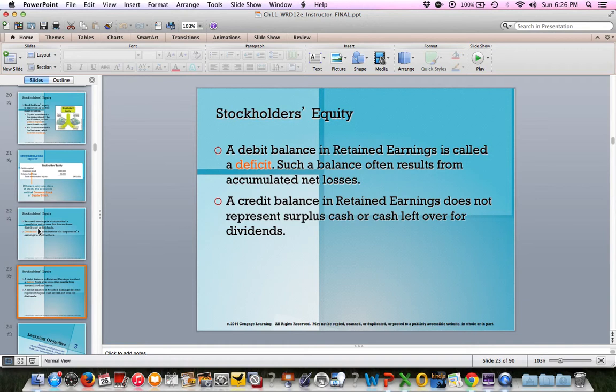A debit balance in retained earnings is called a deficit. It would normally have a credit balance because it's an equity account. If it has a debit balance, it has a deficit, and that would mean it's had a lot of net losses. It's had more losses than gains, and so you have a debit balance. Don't confuse a credit balance in retained earnings with cash either. They're not the same thing as cash.